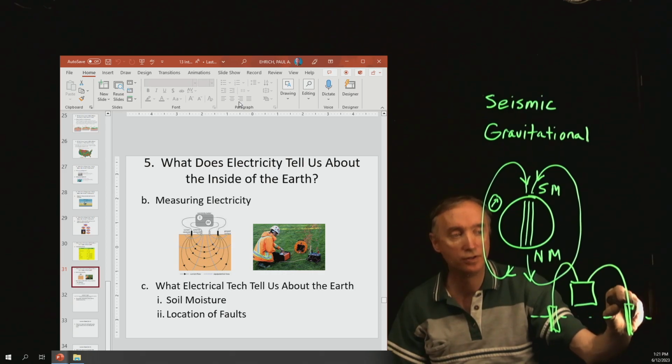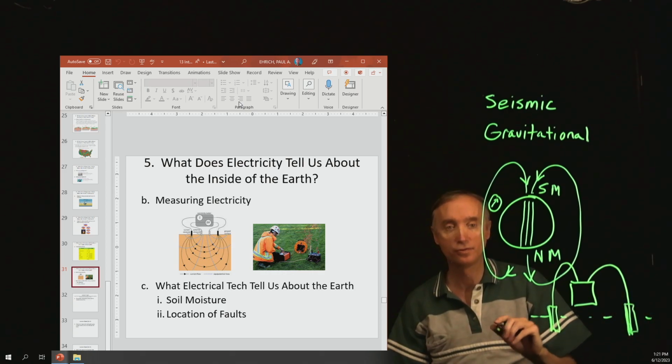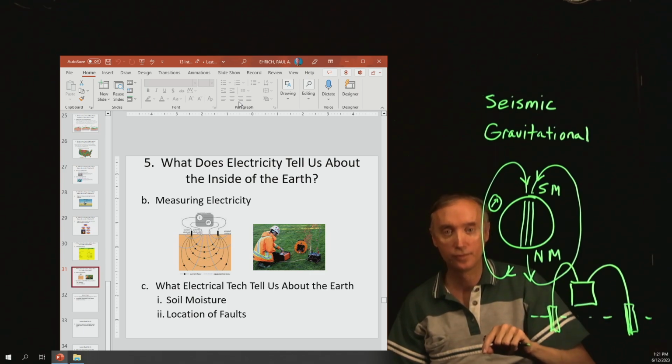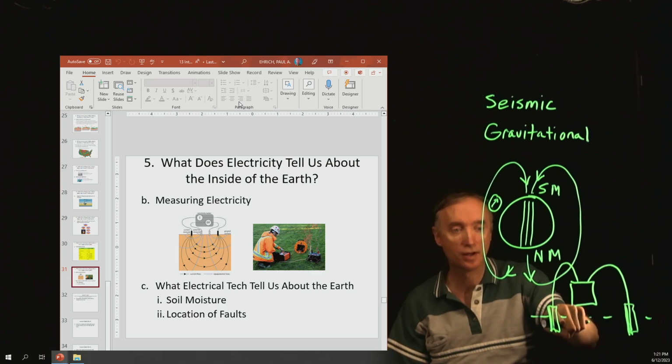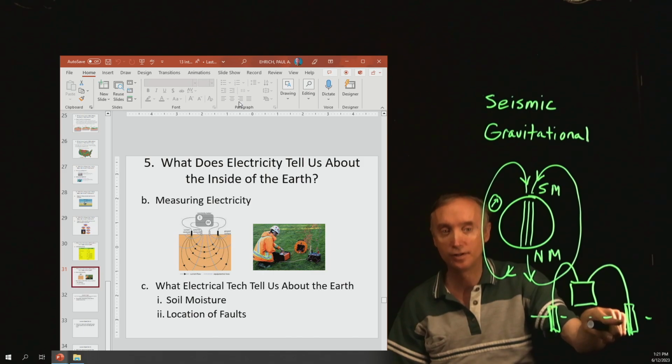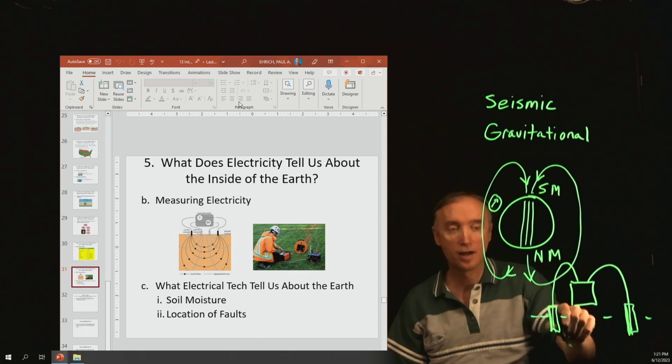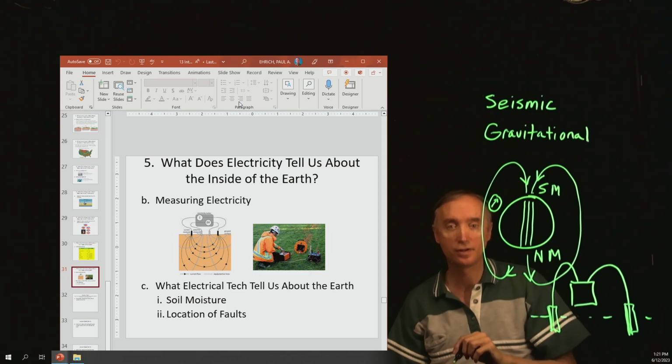And now you measure the electrical current between these two poles. If there's a lot of electricity traveling between these two iron poles, it's a good conductor. Now, what could be a good conductor? Water. So if there's a lot of moisture in the soil, that will conduct the electricity.